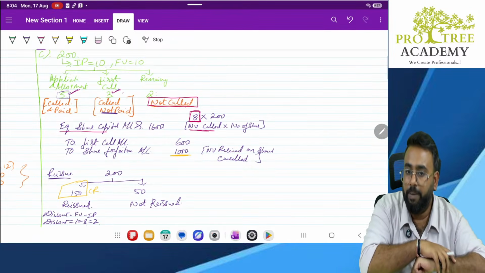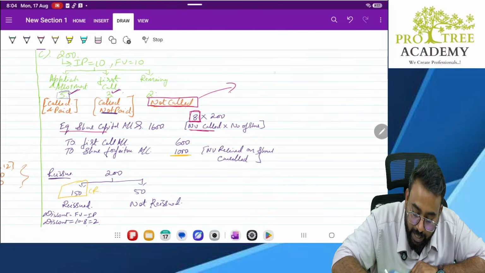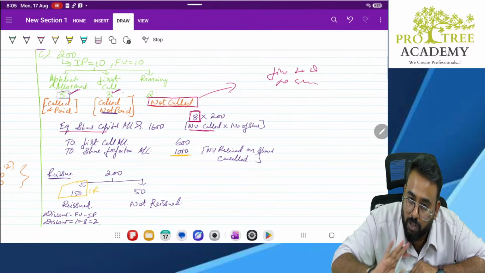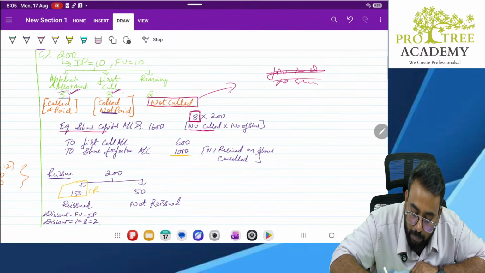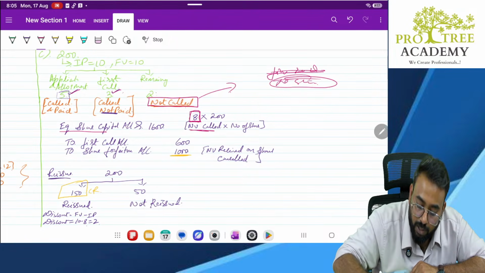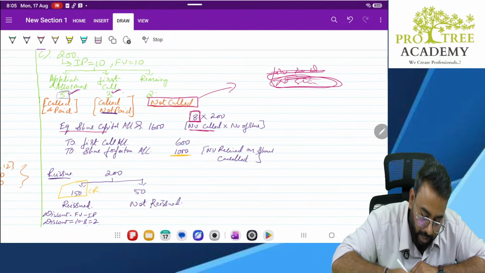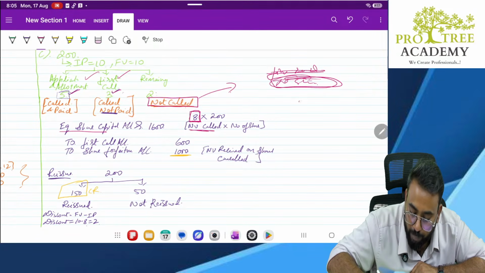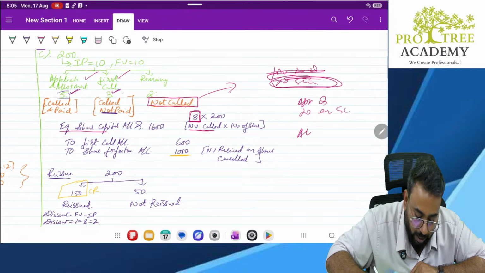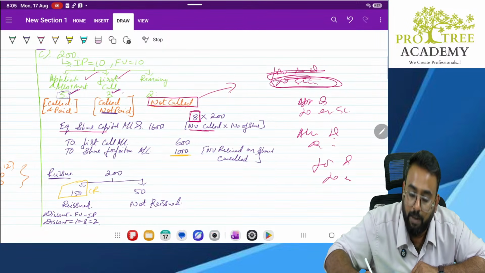Sir, why are we not debiting with 10? Because this is not called, we have not passed the entry: final call account debit to share capital account. Because this has not been passed, you would not have credited it to equity share capital account. So if you have not credited to equity share capital, why would you reverse it? Whereas in the other cases, you would have passed application account debit to equity share capital, allotment account debit to equity share capital, first call account debit to equity share capital account.